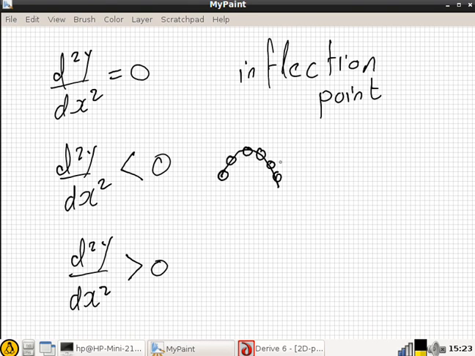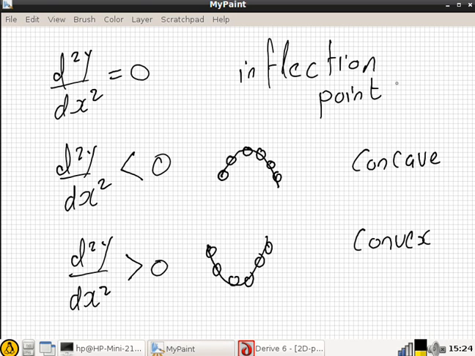The name of this shape is concave. If you calculate the second derivative at these points, you'll get a positive number when the shape is convex. And if you calculate the second derivative at a place in between the two shapes, that is when it'll be 0.